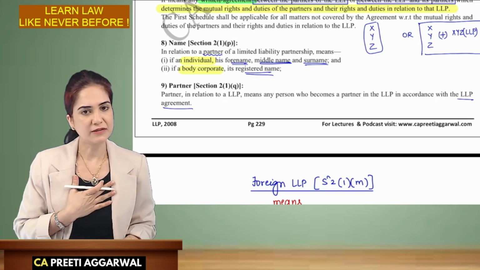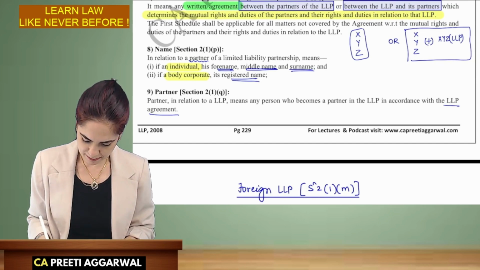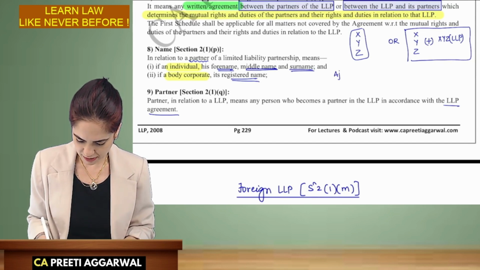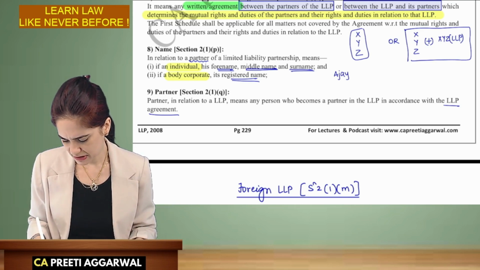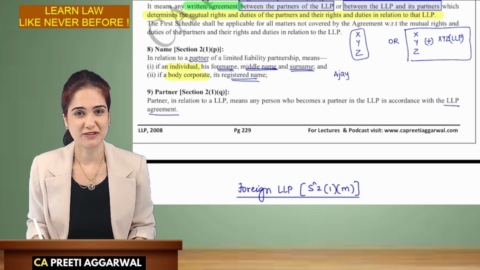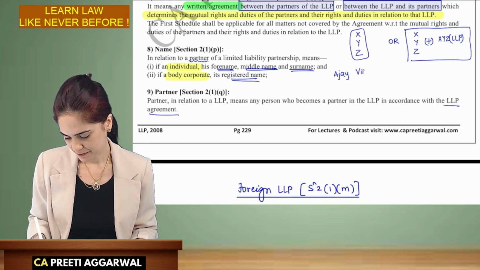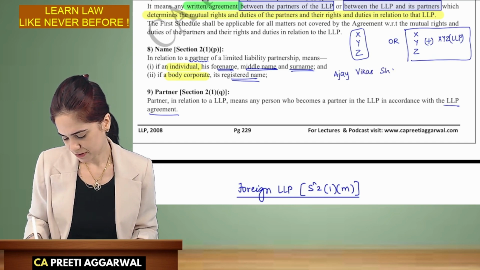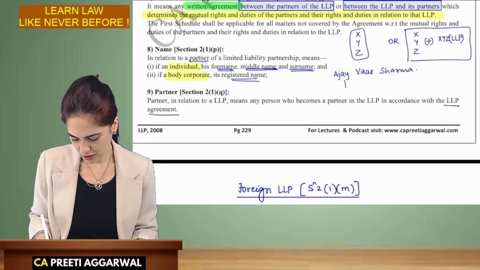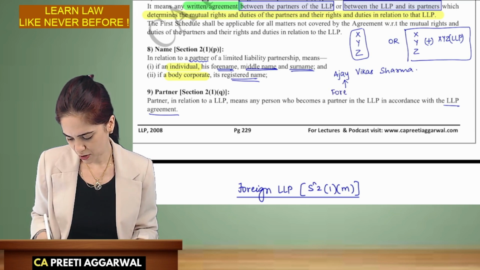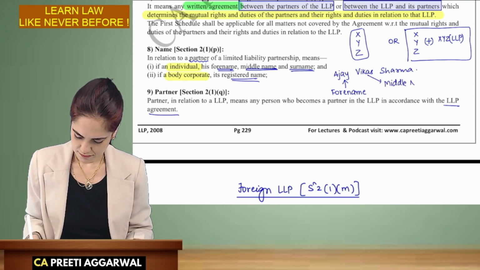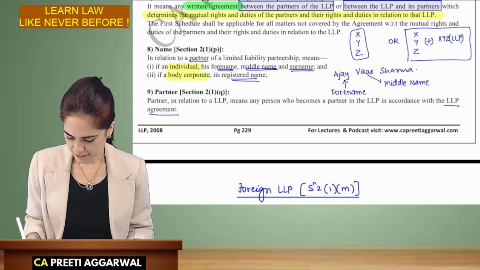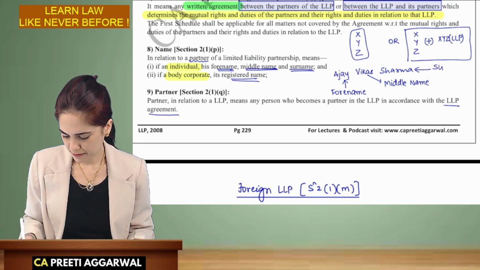If you are an individual partner, the name will be forename, that is Ajay, middle name, which is generally your father's name, Vikas, or it can be Kumar, etc., and the surname, Sharma. So your forename means your name, and this is your surname.